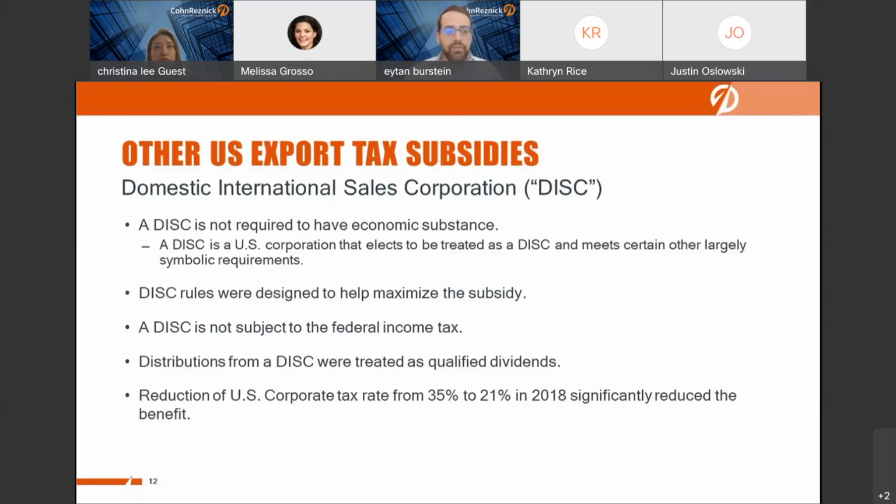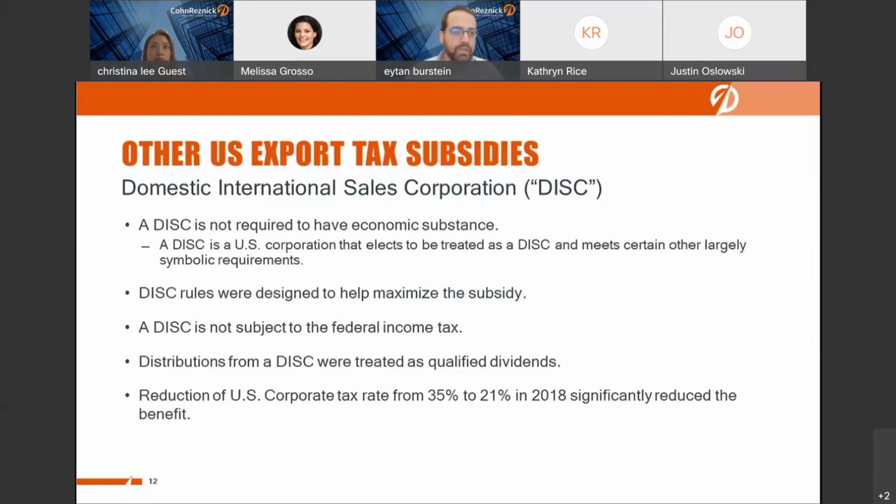Now, a lot of the DISCs that have previously been in structures, the benefit itself was reduced or minimized by the Tax Cuts and Jobs Act, and that was primarily because the C corporation tax rate went down from 35% to 21%. And in essence, there's less of a rate arbitrage between the commission deduction that the corporation would earn on paying the commission to the DISC and the dividend that's ultimately picked up by the U.S. shareholder.